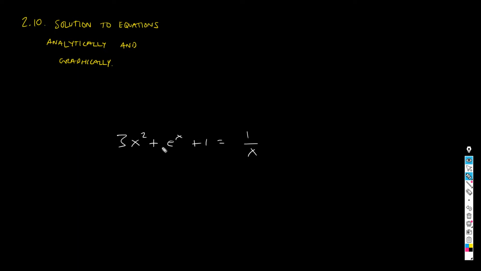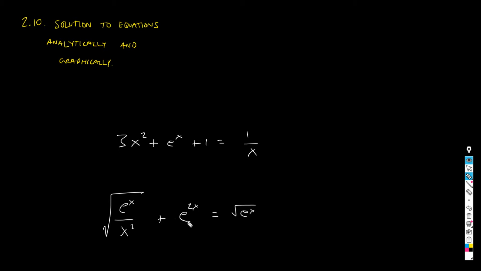You cannot really devise a technique with which just by pencil and paper you can solve equations like this or even more complicated ones. Let's say e to the x over x squared, the square root of all of this plus e to the 2x equals the square root of e to the x.